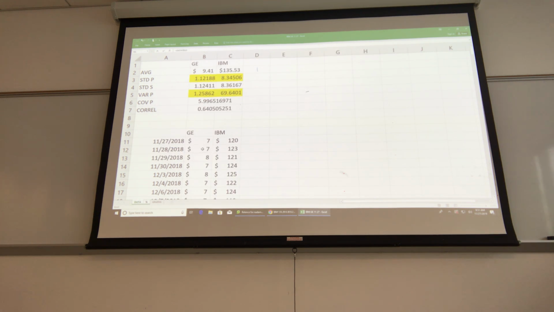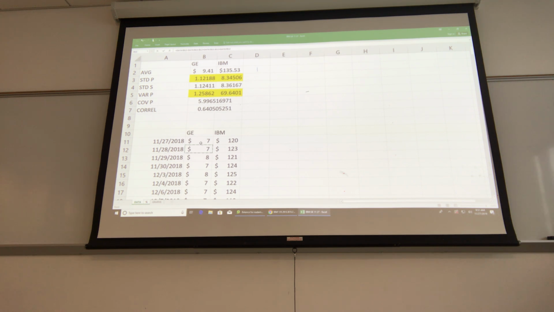This $7 related to this $7, is it the same or different? I think it's the same. This $7 is the same or different?